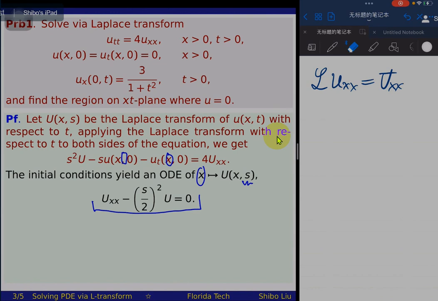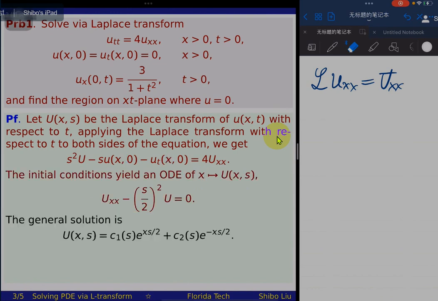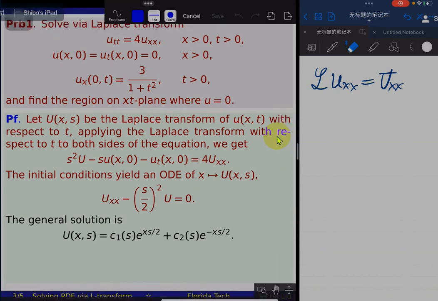Now, this ODE is easy to solve. The general solution is C1 times an exponential plus C2 times another exponential. Note that, as I said before, the s here is a parameter, so the independent variable is x.